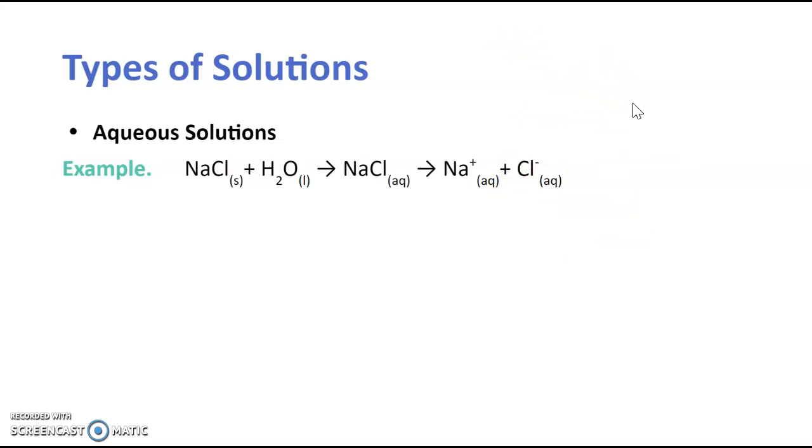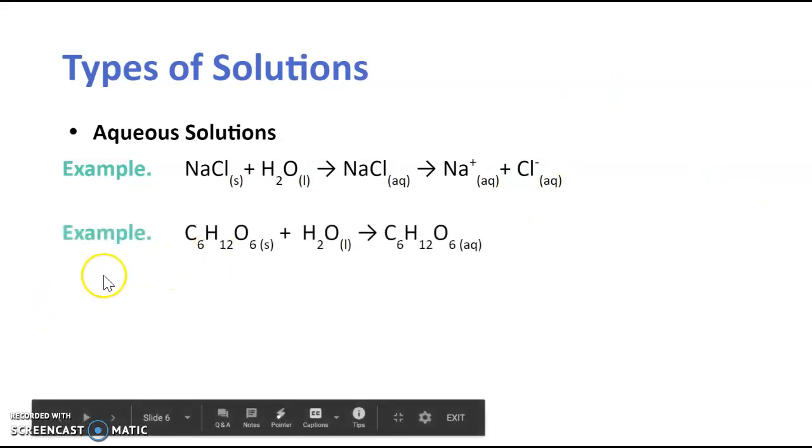And if you dig way back to ESS, if you took ESS with me, we talked about how the polar water molecule, the negative polar side of the water, which is the oxygen, is going to be attracted to the positive sodium, and the slightly positive side of the water molecule is going to be attracted to the negative chloride.